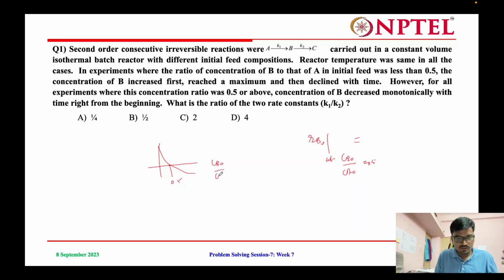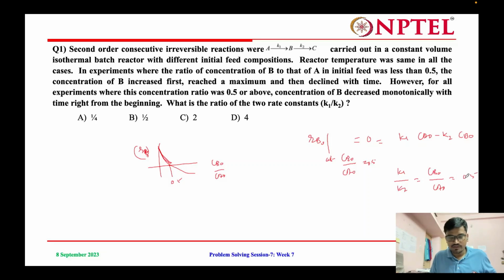At this point the rate is 0, equal to K1 CA naught minus K2 CB naught. So K1 by K2 equals CB naught by CA naught, equal to 0.5. Right, that is the option.